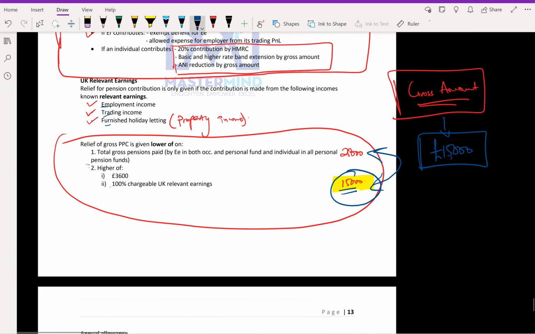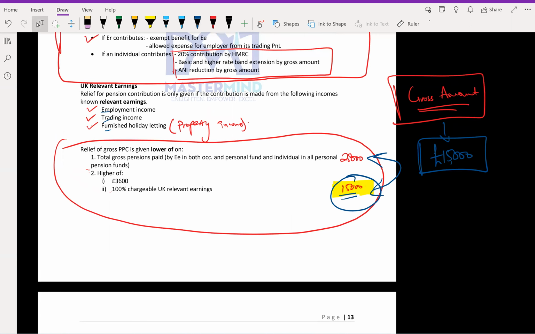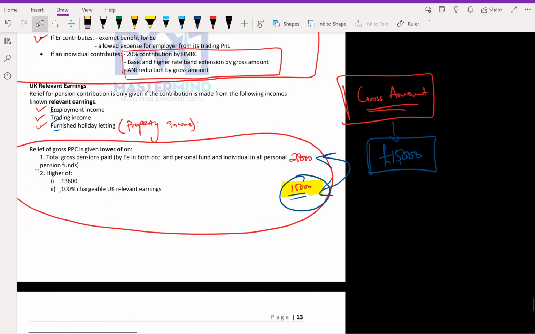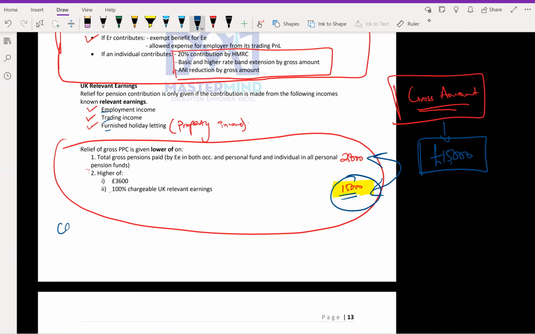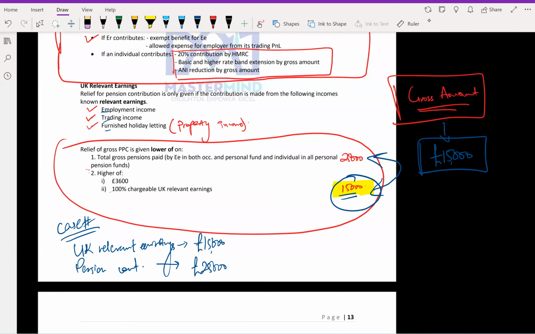Okay. First, take down notes for this with the examples that I showed you. You can also work out your own examples if you want. Assuming case number one, UK relevant earnings and pension, that's case number one.